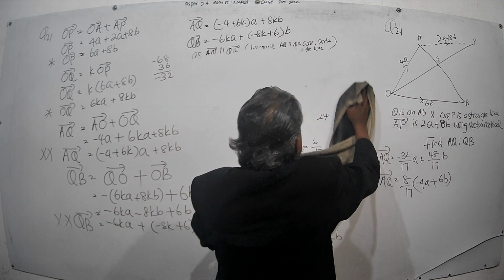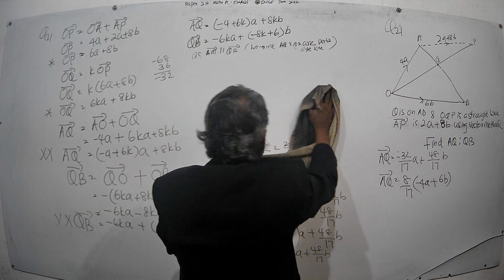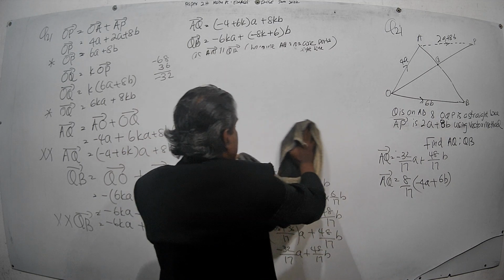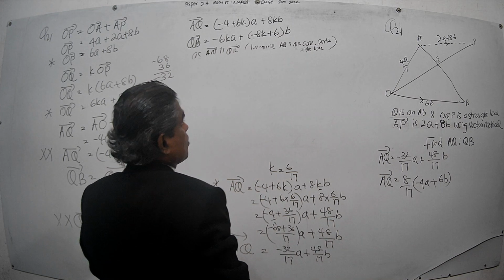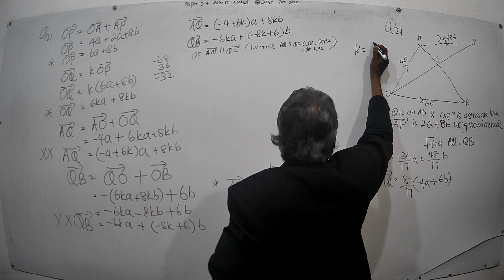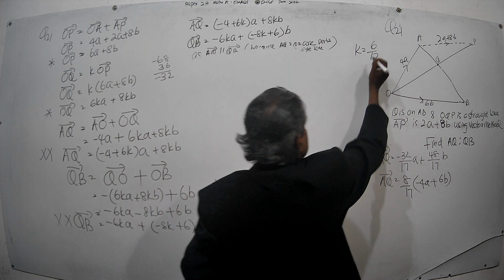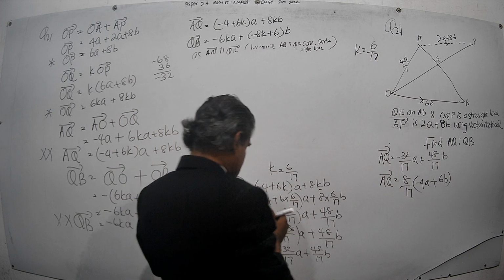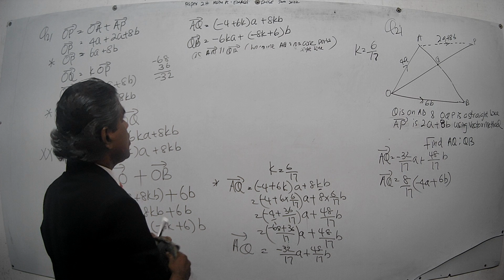I substitute the K value we found. I will write it somewhere here. K value equals 6 over 70. Okay, 6 over 70, that is what we found.